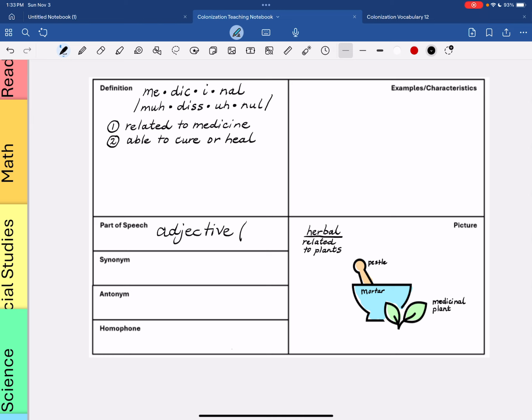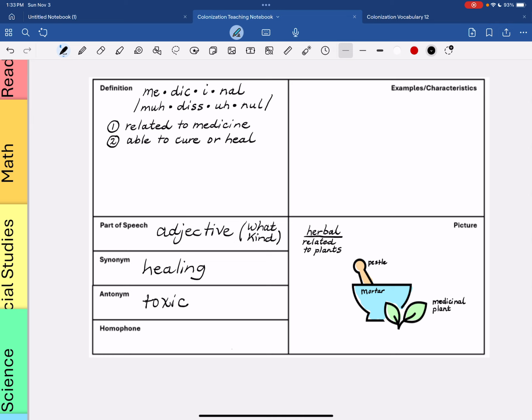These are plants that are able to cure or heal. Some plants are toxic. They do not cure or heal. They actually kill. So those would be the opposite of medicinal. Toxic is not doing good, it's doing harm. A synonym for medicinal is healing.